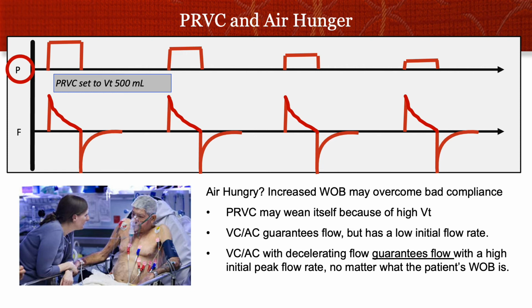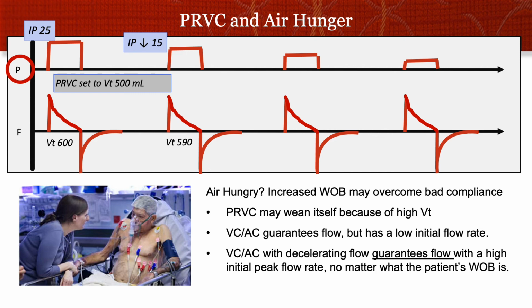The team set the tidal volume to 500. The vent picked an arbitrary inspiratory pressure, and the patient worked so hard they got 600 mils. And so the vent said, hey, that's too much. We need to decrease the pressure. And the patient said, I don't care, I'll still work hard, I'll get my tidal volume.